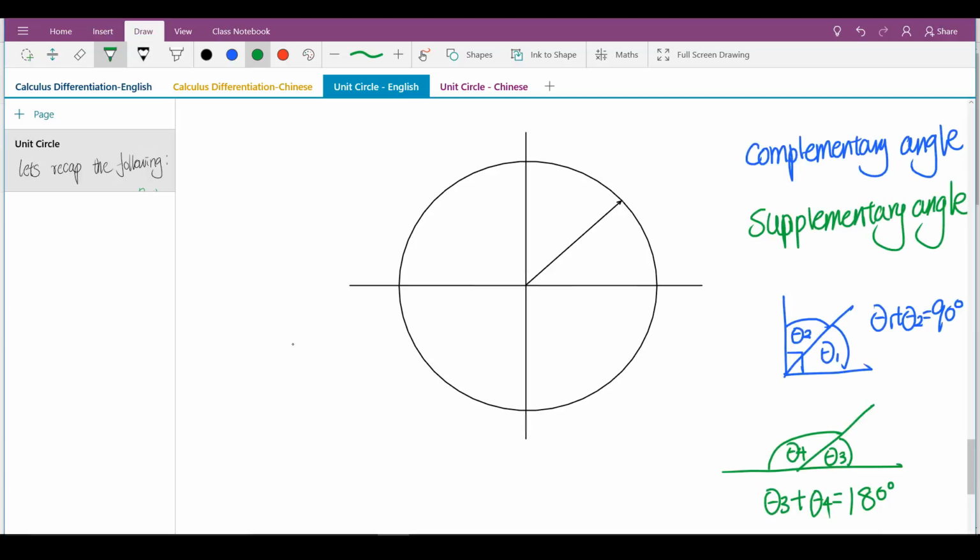Using that, if we're given a particular angle, let's say this is 60 degrees, to find the sine, all we have to do is go sine 60, and it's a positive value.